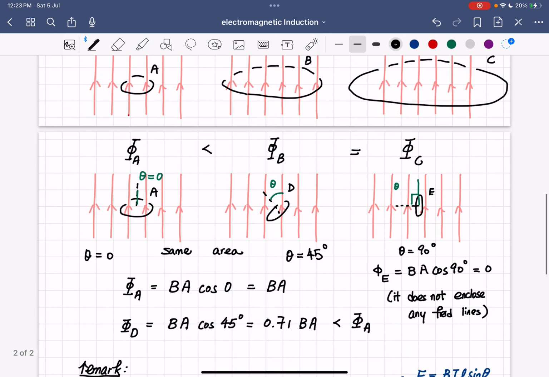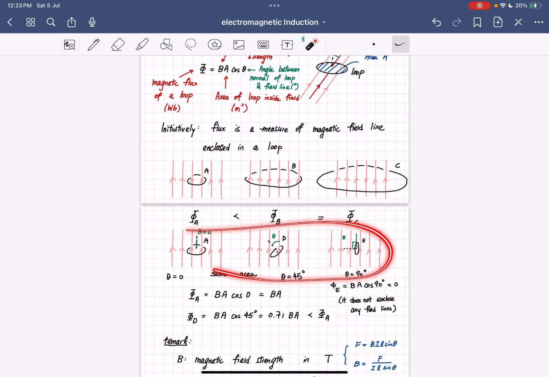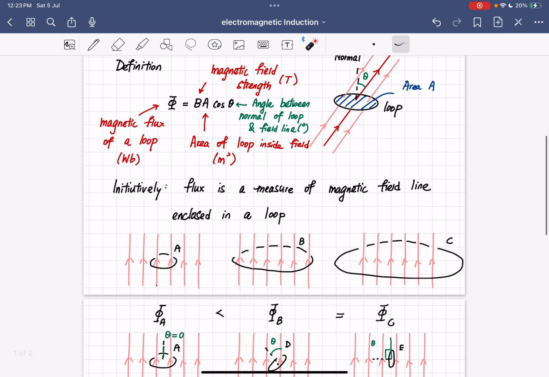Now, this is a bit abstract. It's like I'm teaching you mathematics here. Well, yes, it's actually quite an abstract concept. In fact, this loop can even be not made of any material. It can be just a loop that you imagine, an abstract object in space.